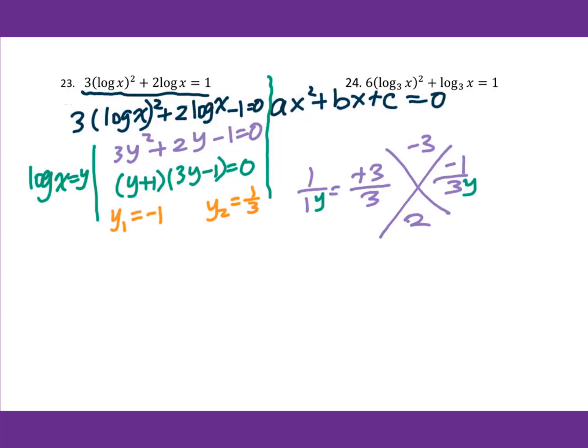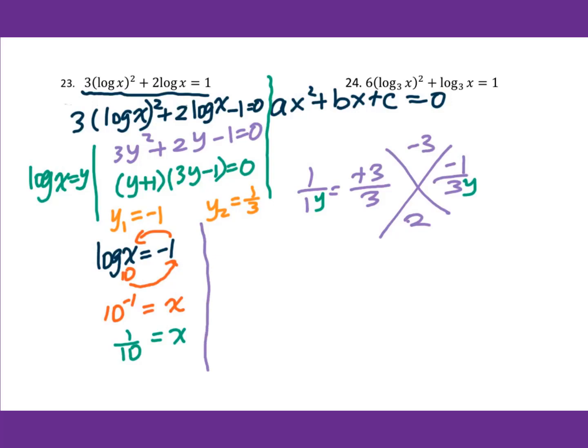Then we plug back: common log of x equals negative 1. Remember, for common log, the base is 10. So 10 to the negative first power equals x, which means x equals 1 over 10. For this part, y2 equals 1 over 3.